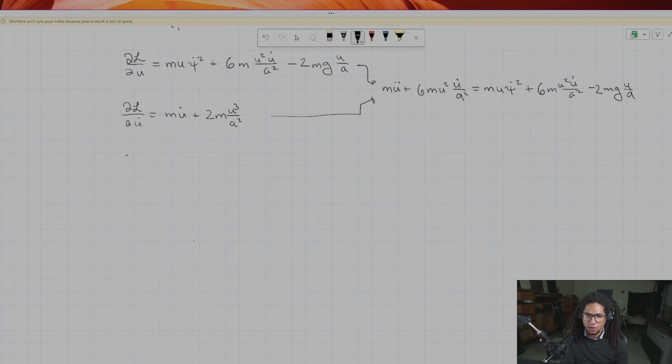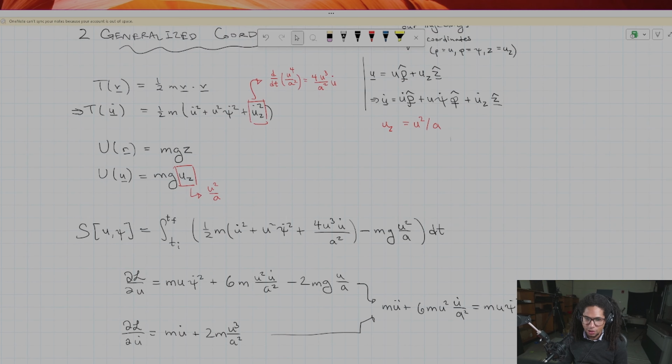So dL/d psi is equal to what? It's equal to 0.